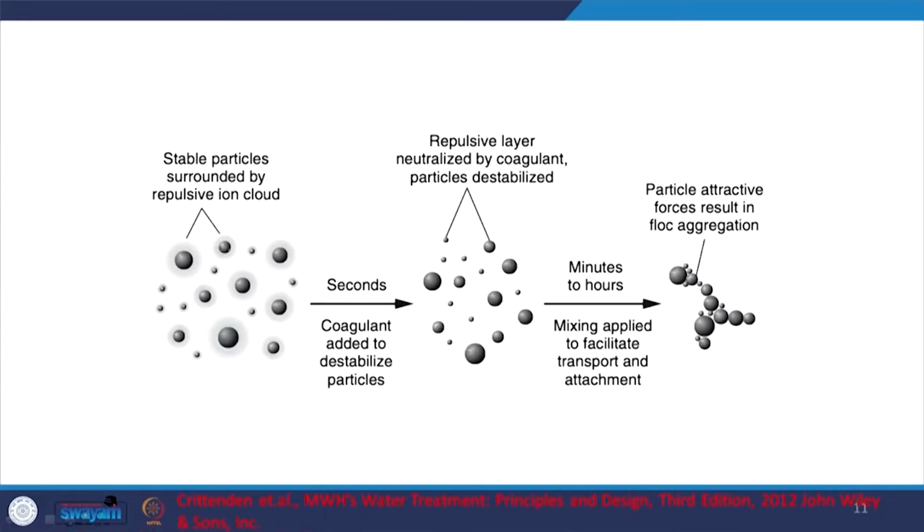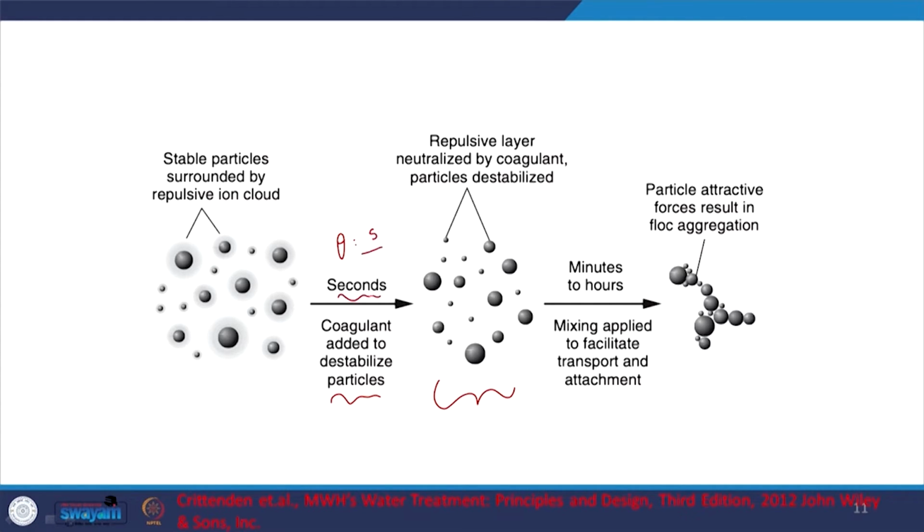To take a holistic view, initially we have a repulsive ion cloud, right, electrical double layer. This is what we have. After adding coagulants, we destabilize them, and I guess again in different ways. The repulsive layer is neutralized by the coagulant and particles are destabilized, right. Obviously, theta was 1 to 2 seconds or 0.5 to 10 seconds, let us say. So, it is of the order of a few seconds.